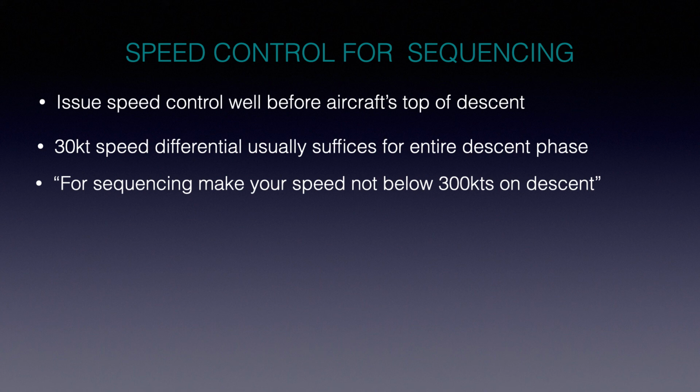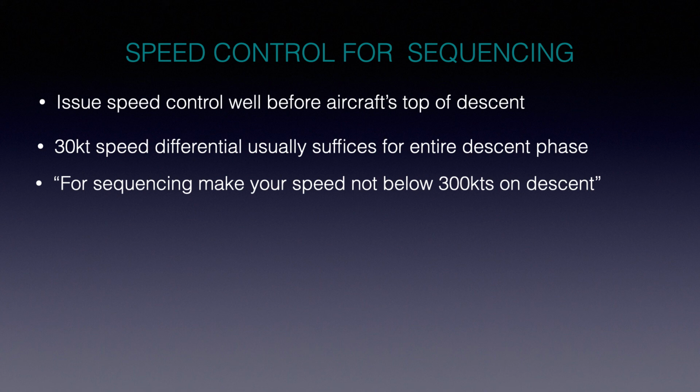For example, I'd say Velocity 146, cleared the Lizzie 8 Alpha arrival runway 25 or runway 16, descend when ready to flight level 250, and for sequencing, make the speed not below 300 knots on descent. Or I could wait till he starts his descent and say, for sequencing Velocity 146, make your speed not below 300 knots on descent.